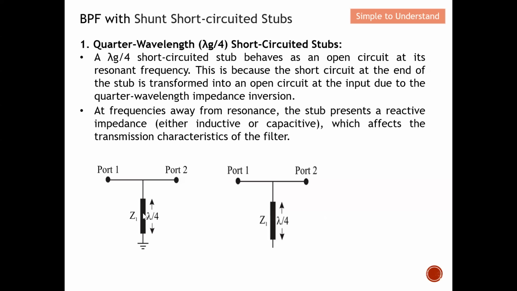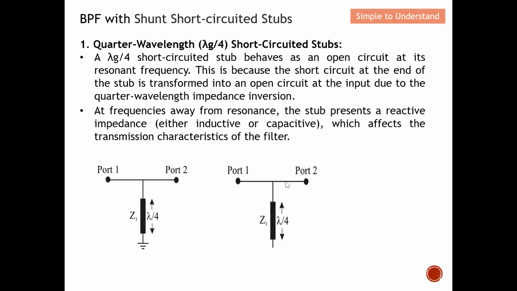Let's say we design the rule based on 2 gigahertz. Once the 2 gigahertz signal comes over here, this becomes an open circuit, so all the signal will go to port 2. From here, you can see that if we have this quarter wavelength with respect to 2 gigahertz, then 2 gigahertz will be able to pass from port 1 to port 2.